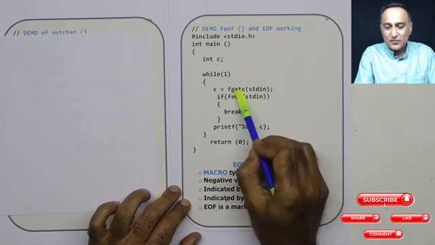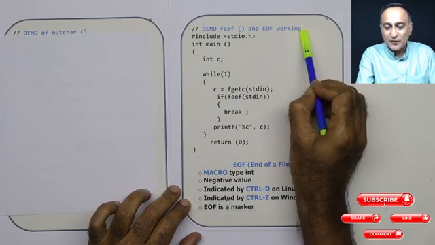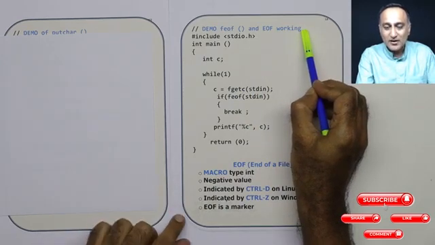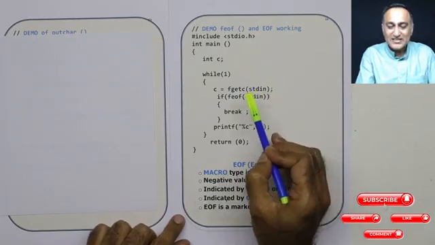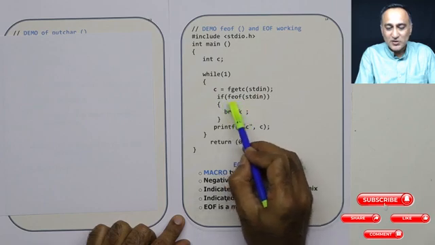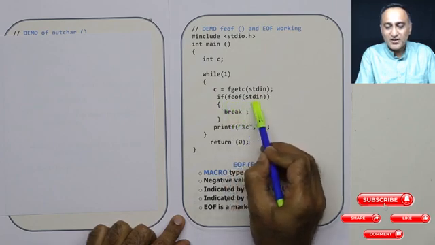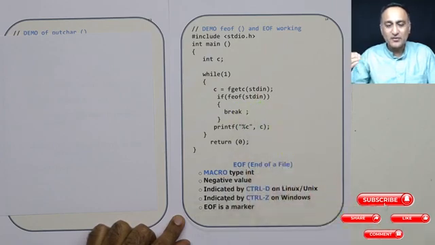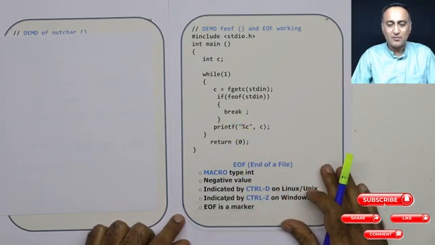When fgetc tries to read from the keyboard and I have pressed Ctrl and Z, the end of file value is sent. Standard input returns end of file. So if I test the standard input with the feof function, it will indicate that I have reached the end of giving input and I can break and come out.